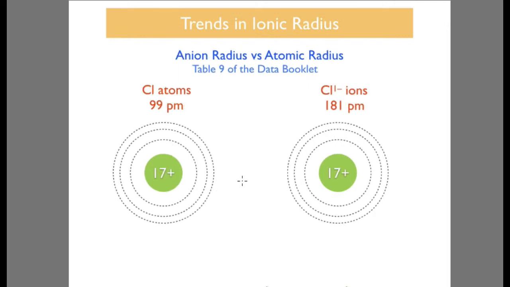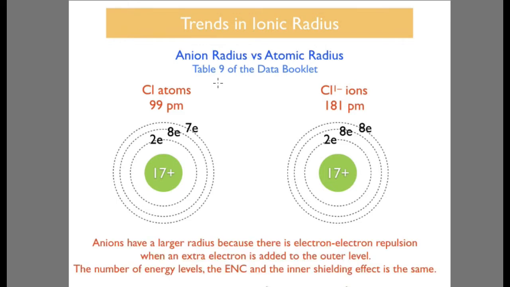Conversely, if we look at anions compared to atomic radius, we'll use chlorine. You can see that the anion is larger than the atom, again by quite a bit. Let's put those electrons in. The anions have a larger radius because there is electron-electron repulsion.